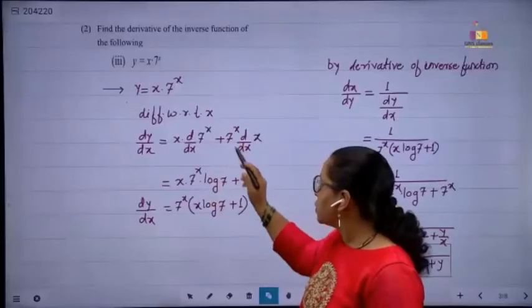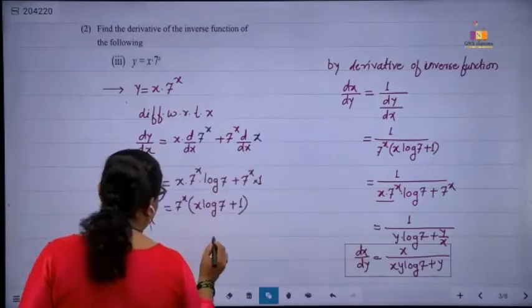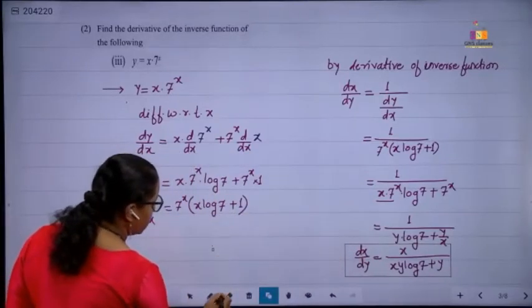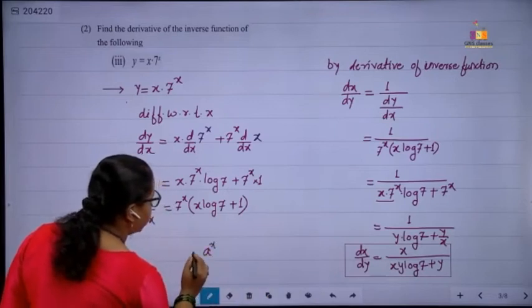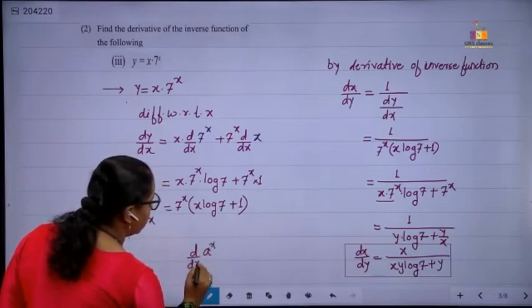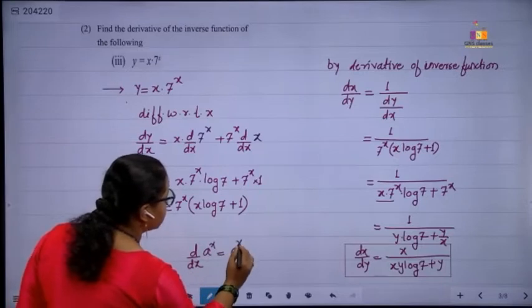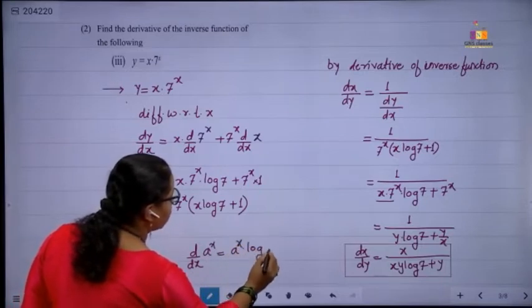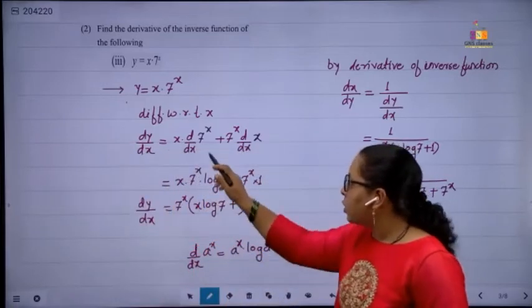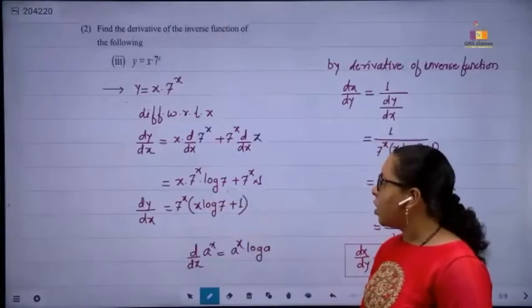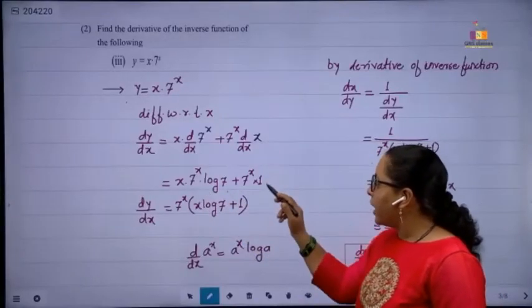After that, 7 raised to x. This is of the form a raised to x. And derivative of a raised to x is equal to a raised to x into log a. Here a is equal to 7. So our derivative of 7 raised to x is 7 raised to x into log 7. And derivative of x is 1.